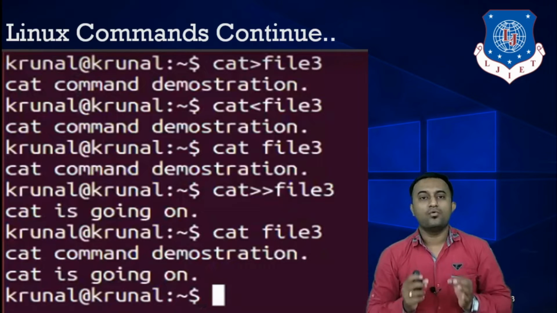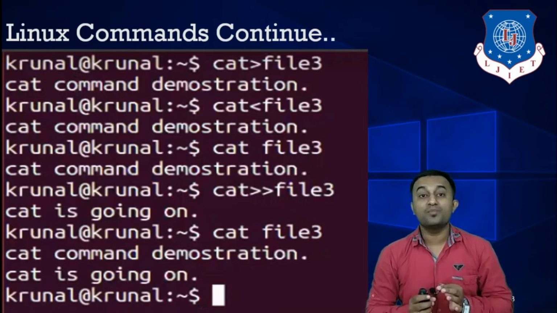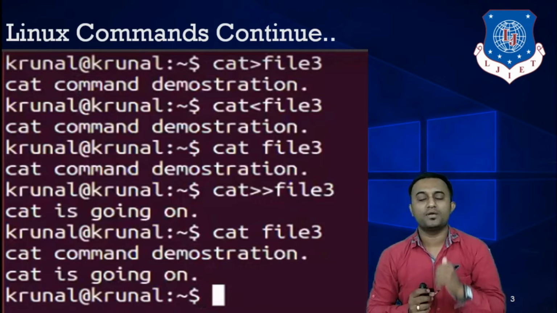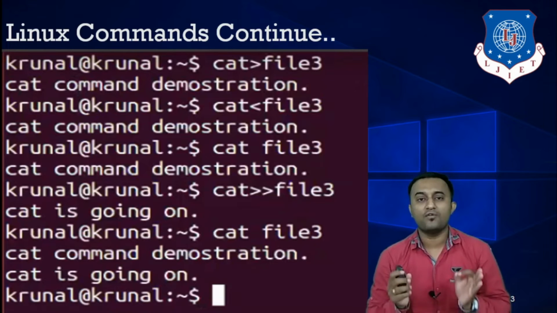Now, if you want to see the content of this file, you need to use one more operator, the input redirection operator, the less than sign. The second statement is cat less than file3. It is not actually a less than comparison, it is a special type of operator, the input redirection operator, through which we can see the content of the file.